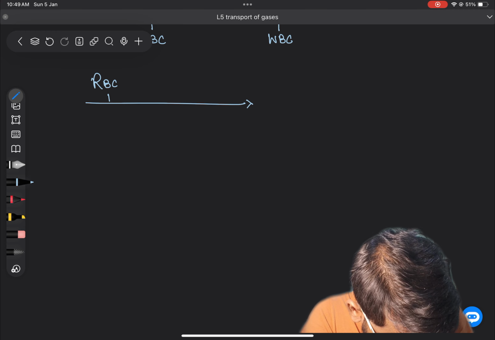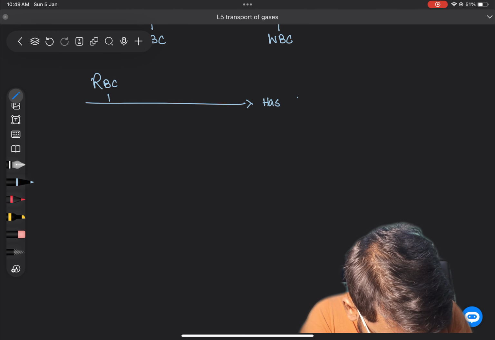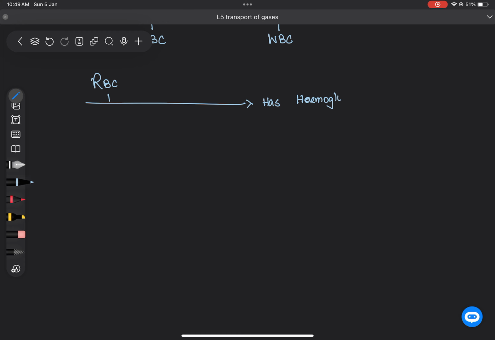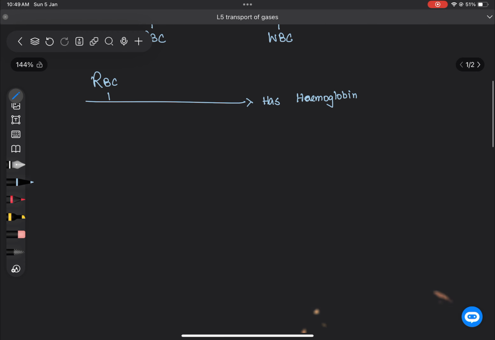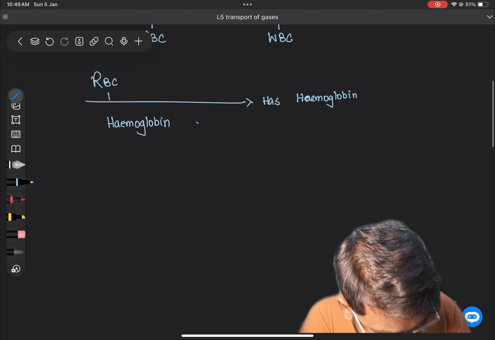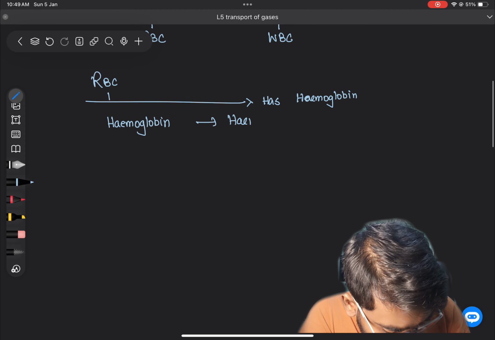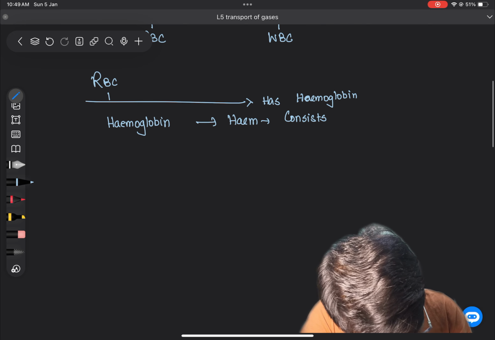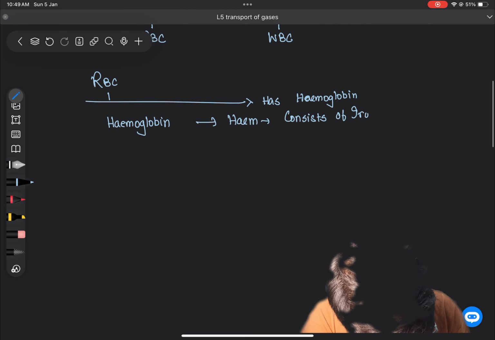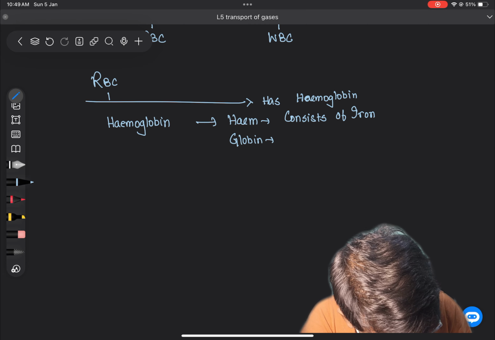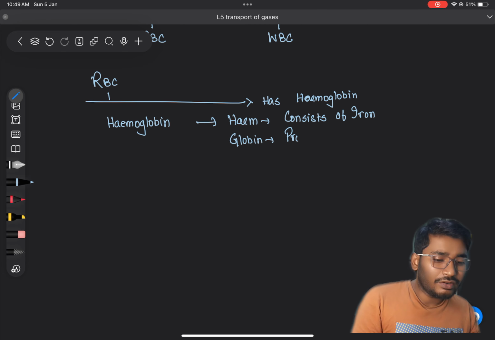Now RBC has hemoglobin. In hemoglobin, the heme portion consists of iron, and the globin consists of protein, iron and protein.